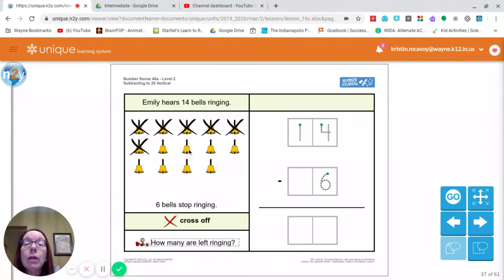1, 2, 3, 4, 5, 6, 7, 8. Now, we don't need to go to this tens box to write 8, because if we put an 8 here, we would be talking about 80, and there aren't 80 bells. There are only 8.